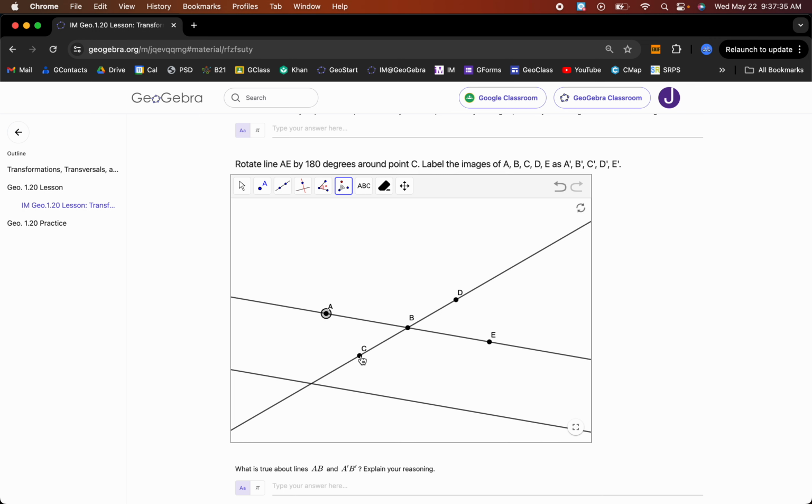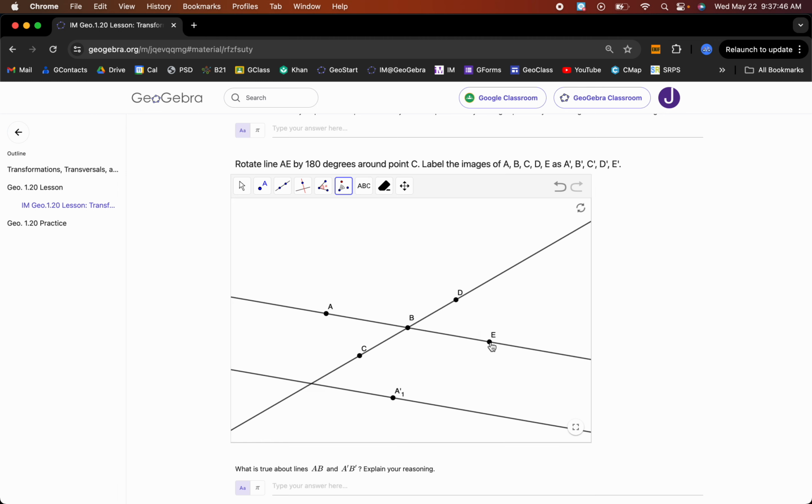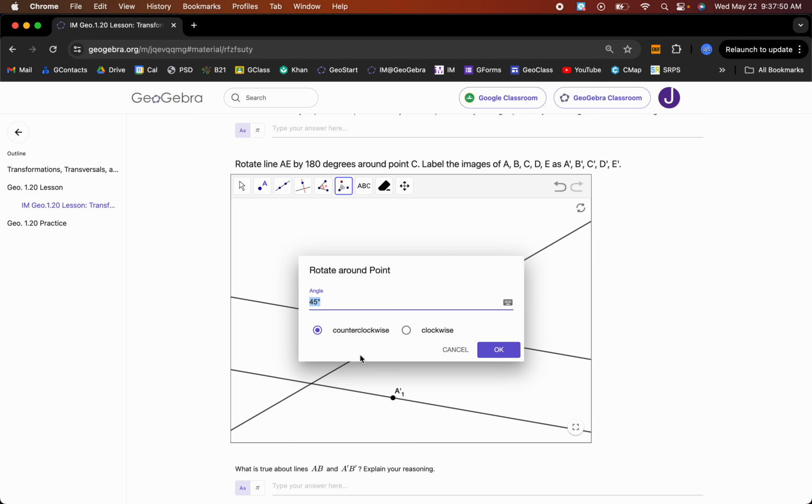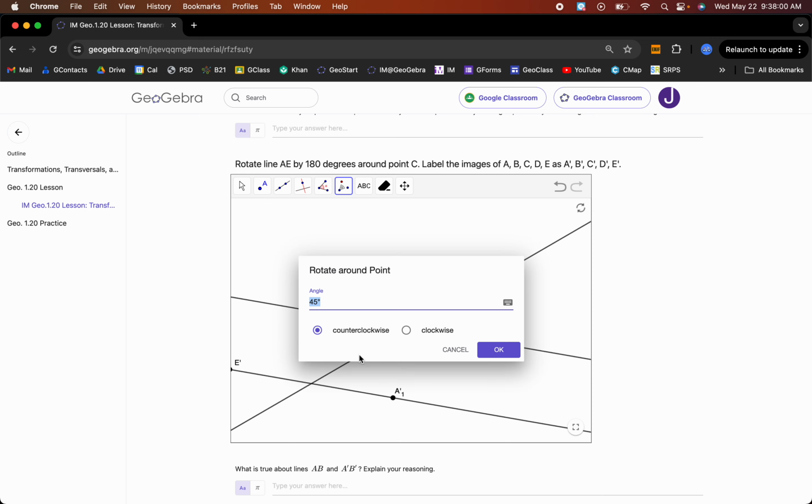All right, so let us also do individual points. So A, and we're going to rotate it around C, and also 180 degrees. And we'll do E around point C, and we'll also do 180 degrees. And we'll do B around C, and we'll make that 180 degrees.